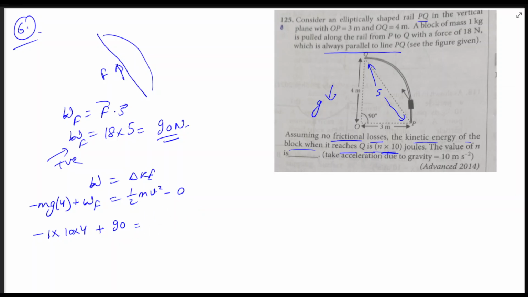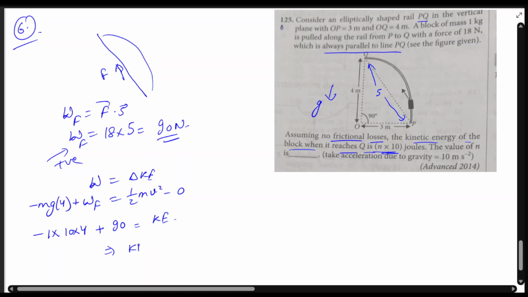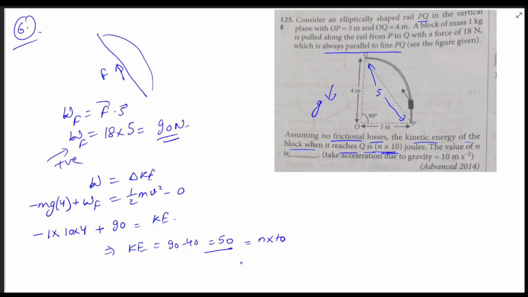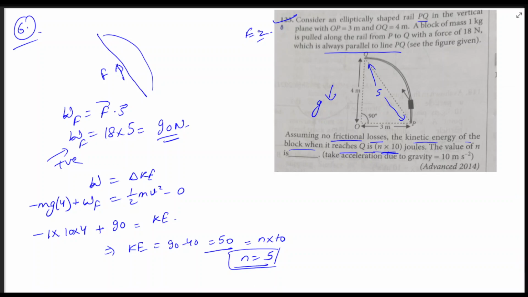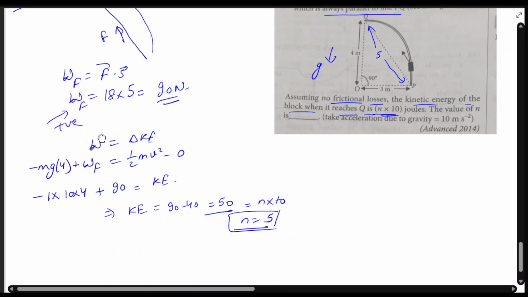So just let it be kinetic energy. So we have kinetic energy as 90 minus 40 is equal to 50, which is N into 10. So N will be 5. Yes, this is quite an easy question we have here. Okay, let's move on to question number 7.